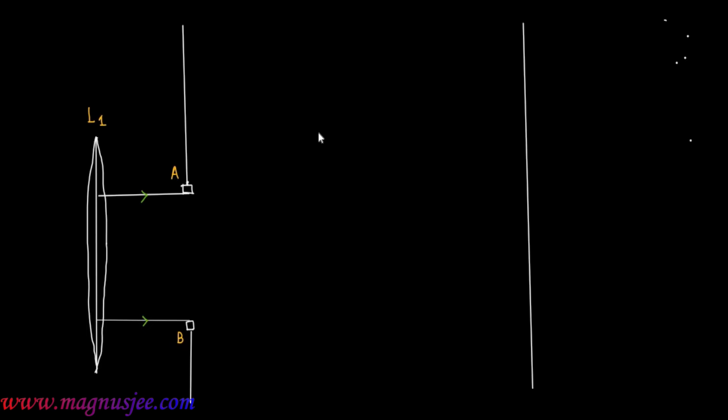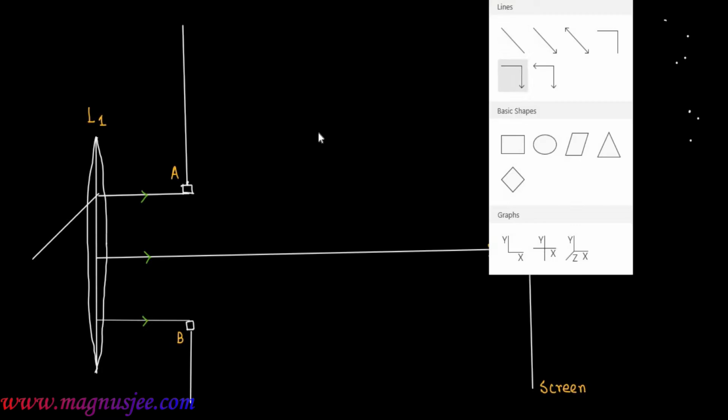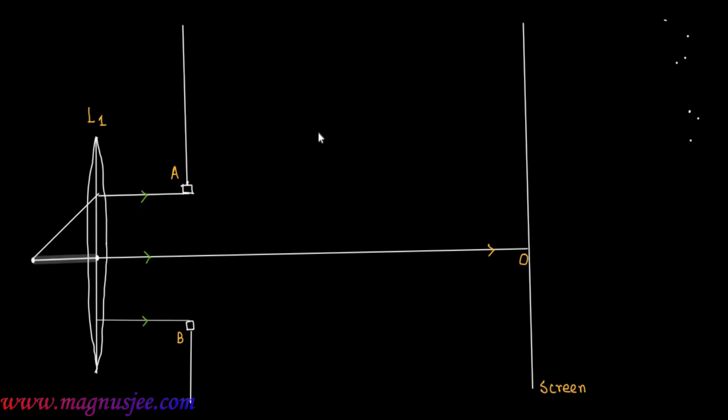A screen is placed where the rays will be incident, and a source of light is placed at the focus of this convex lens L1. From that source S, rays diverge and are incident on the convex lens L1.